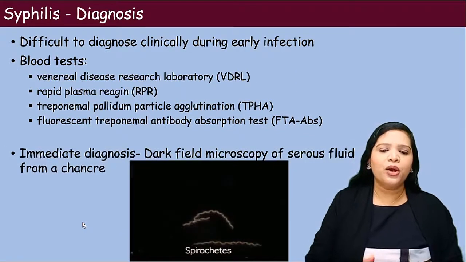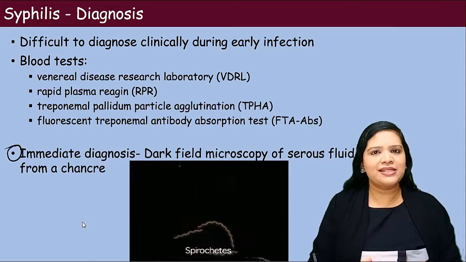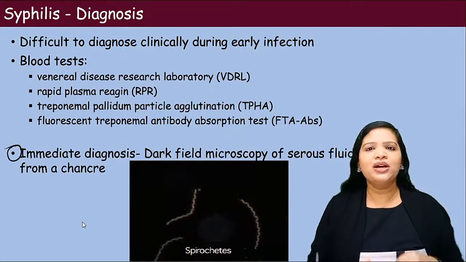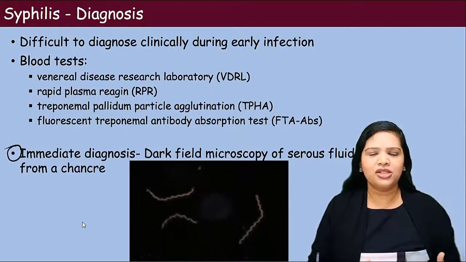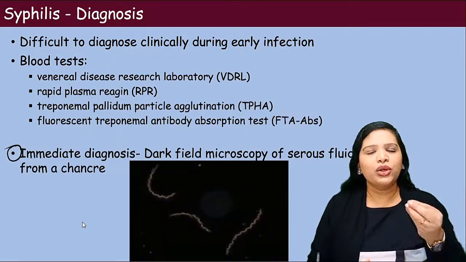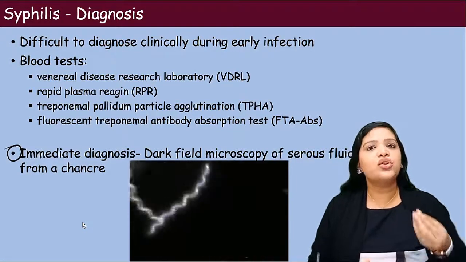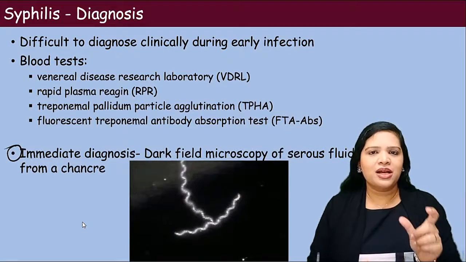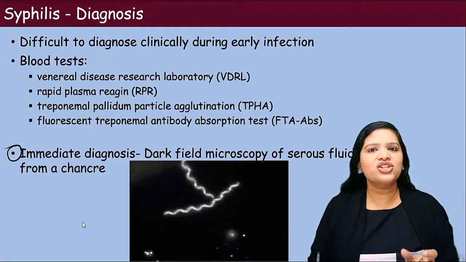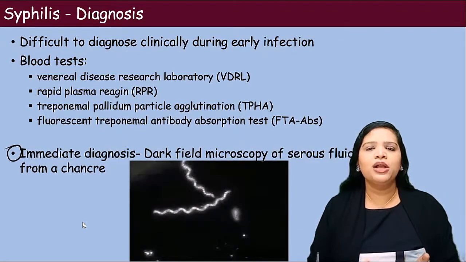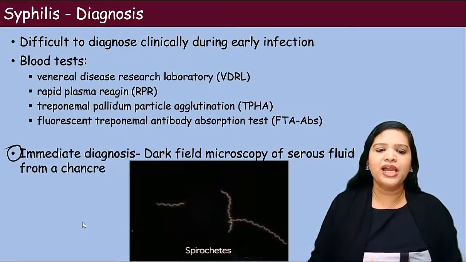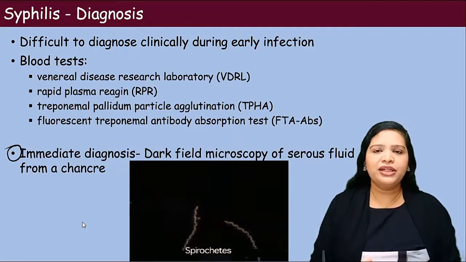Now we have an immediate test technique called dark field microscopy. We know that we cannot do Gram staining for this bacteria, so the better option is to collect the chancre lesions or the pus from the chancre, or whatever is coming in the vaginal or genital discharge, put it on a microscope slide, keep a cover slip on that, and observe it under dark field microscopy.